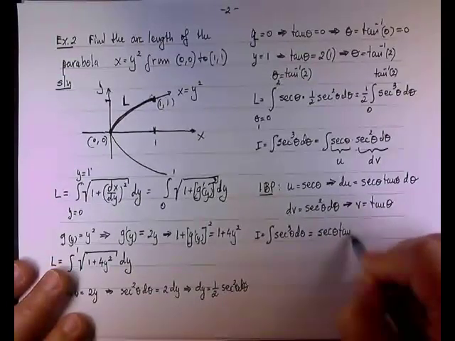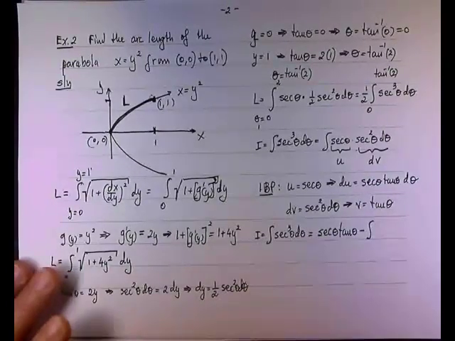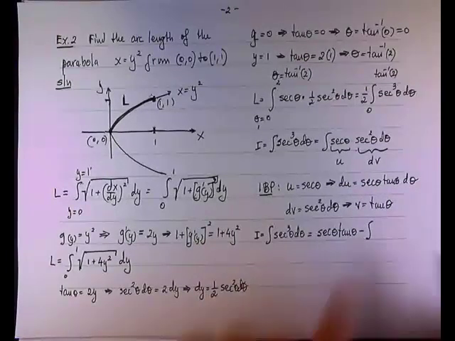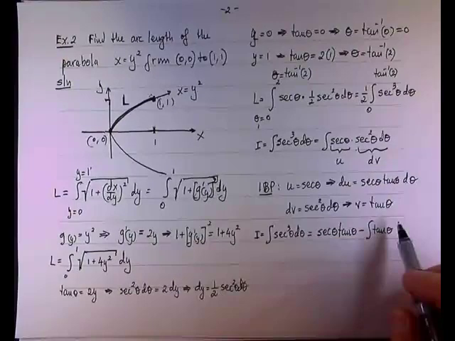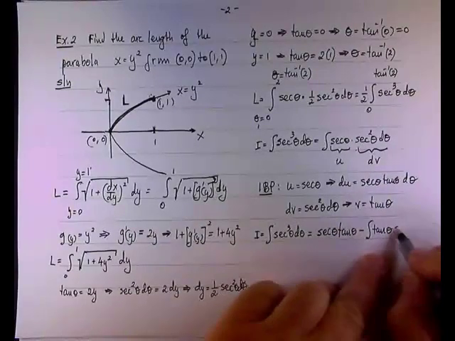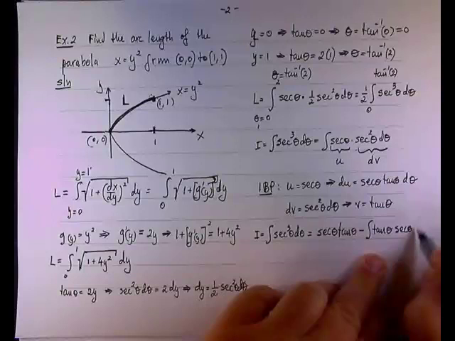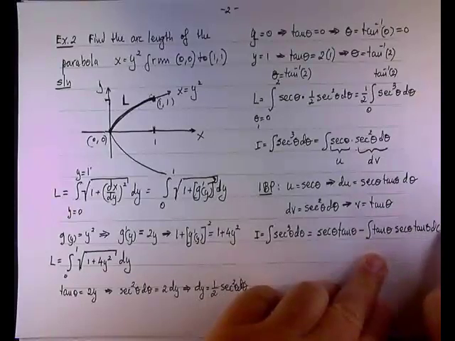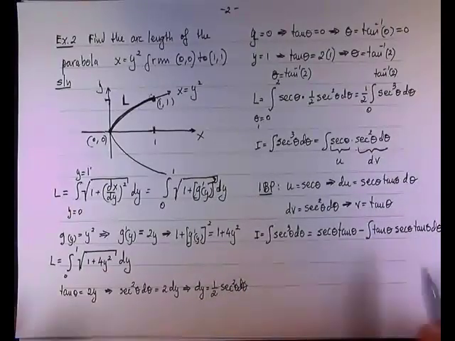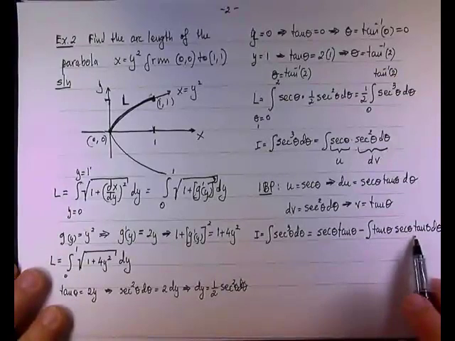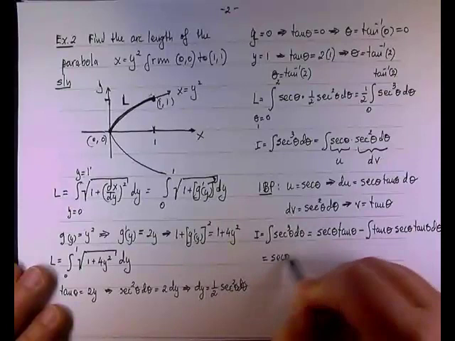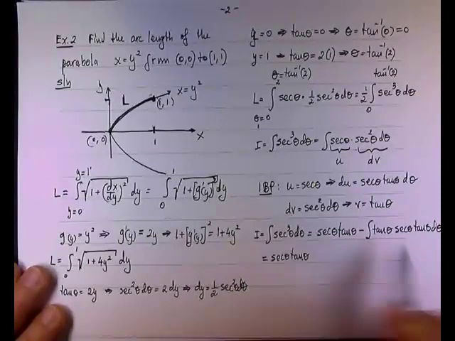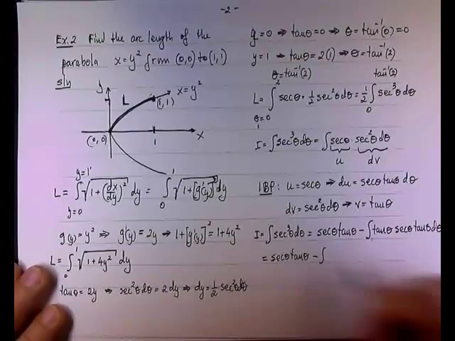So we look at secant tangent minus the integral of v du, where v is tangent theta and du is secant tangent. So now I'm looking at the tangent squared, so I'll continue. Nothing to do with the secant tangent, that's already complete. So I need to work on the integral here.